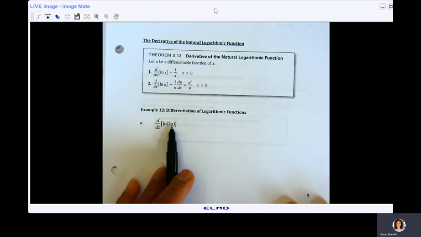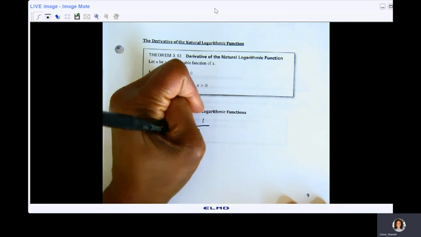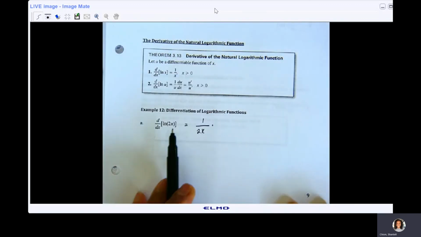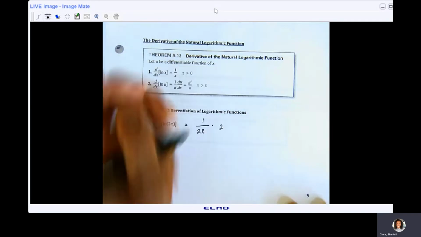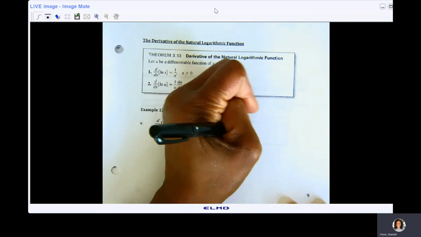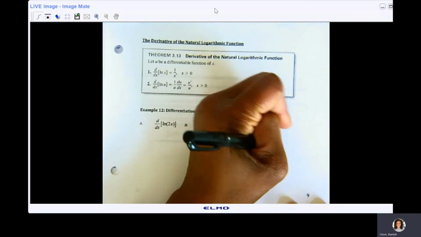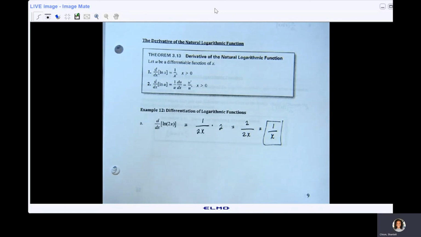The derivative of ln of 2x would be 1 over 2x, and then we would say times the derivative of the 2x, which is times 2. That ends up being 2 over 2x, which is still just 1 over x. So it ends up simplifying really nicely.